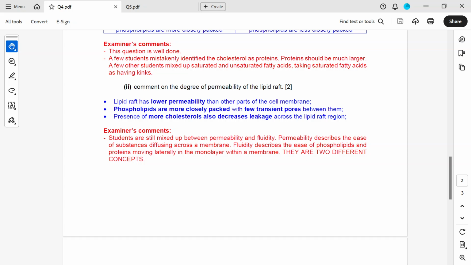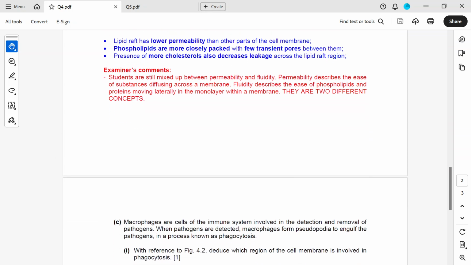And so because of this close packing, no pores, no gaps, and the cholesterol as well, the lipid raft has low permeability because substances would not be able to diffuse through the lipid raft that easily, because of the lack of gaps. Not fluidity, not how the membrane is rigid, how the phospholipids cannot move. All those are fluidity, not permeability.